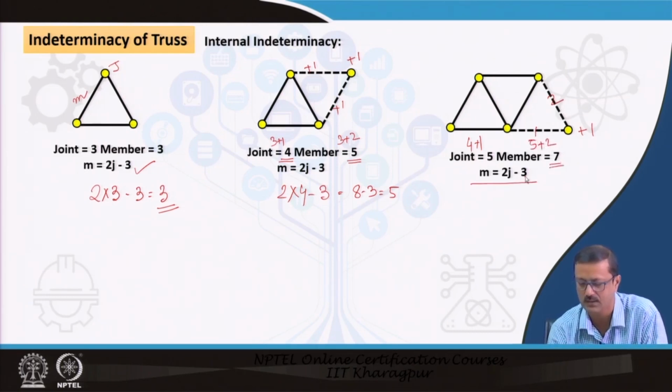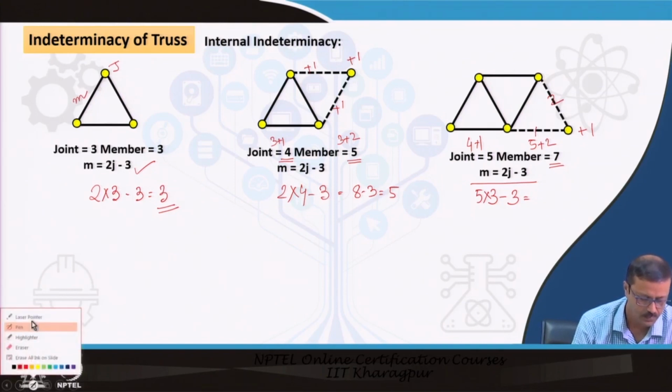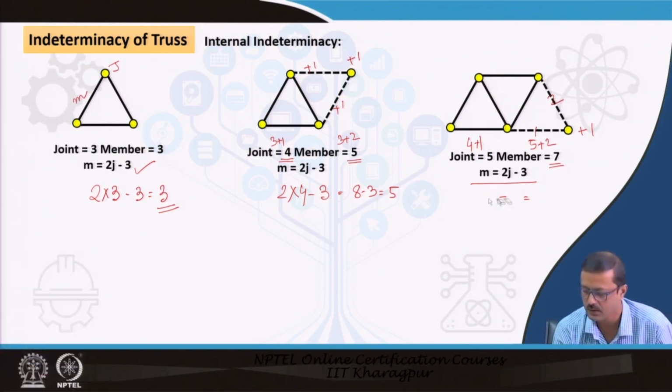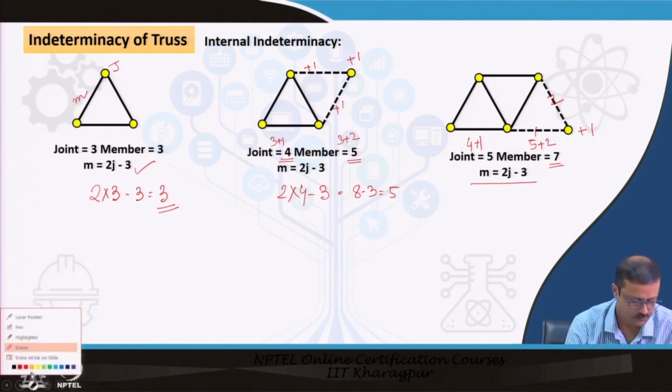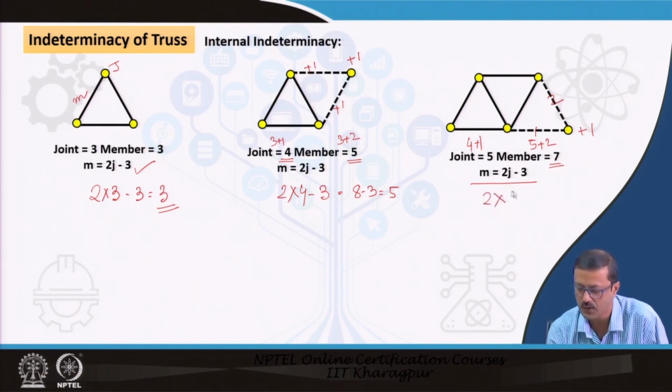This relation, not equation, still holds good, because 2j minus 3, sorry, let me erase that. This is 2j. So, 2 into 5 minus 3. So, this is 10 minus 3, which is equal to 7. So, this relation holds good.